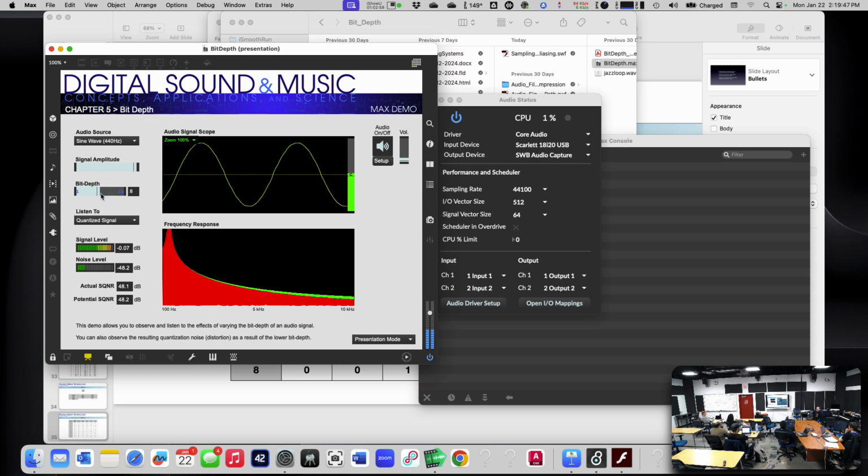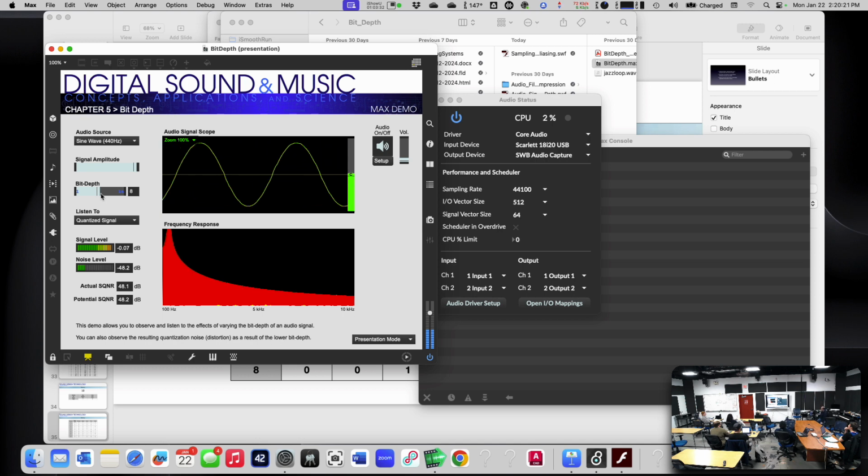Well, you probably don't hear much of a difference yet, but there's an important thing that has happened. Our potential signal-to-noise ratio, which is the range of loudness that we can encode before we hit the noise floor, is only 48 dB right now, which means the loudest thing is the loudest thing. And that means the quietest thing that we're going to be able to encode can only be 48 dB quieter than that before it dips below the self-noise of the system.